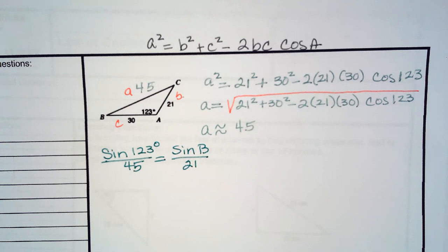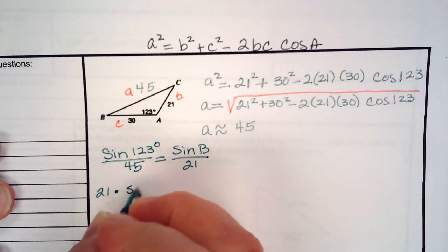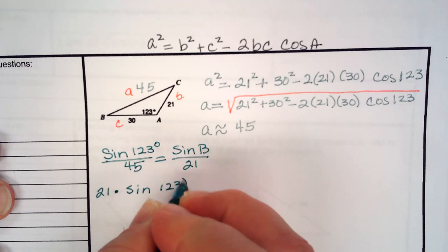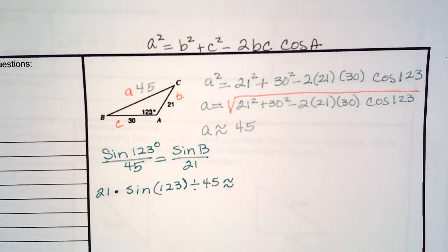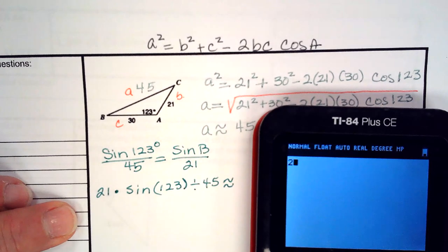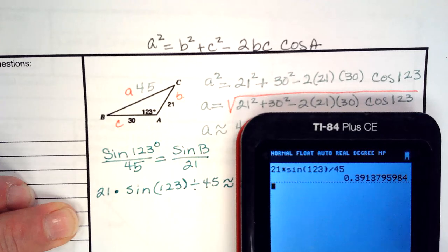It's time to find that decimal. 21 times the sine of 123, close it off, divided by 45 is approximately 0.3914.